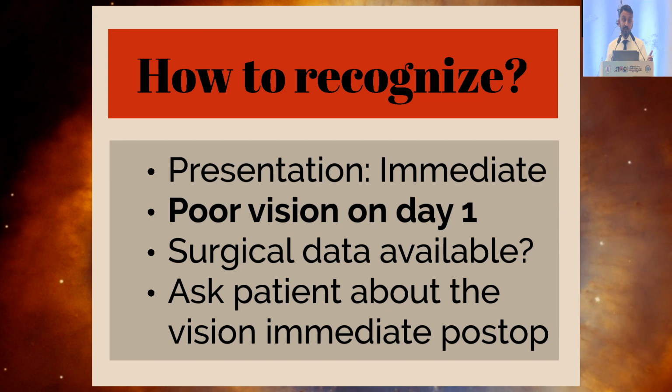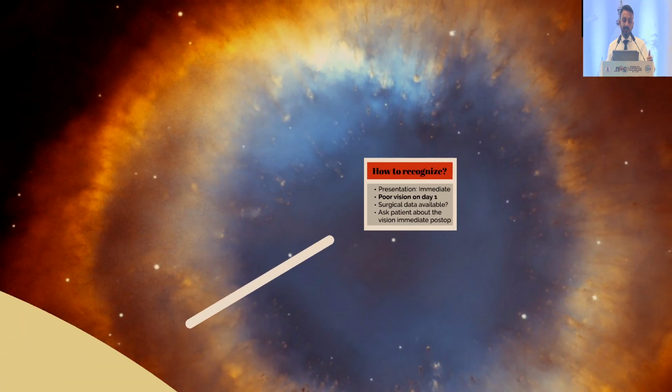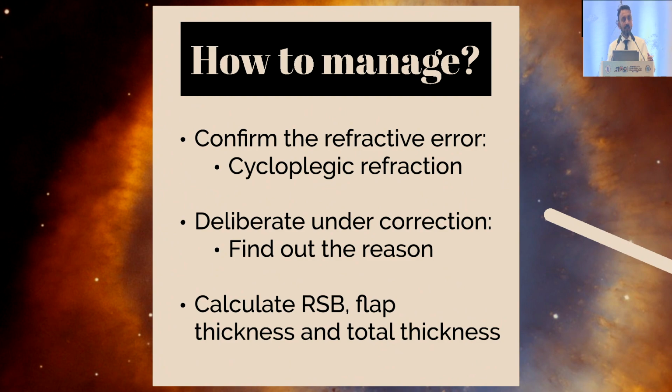Coming to deliberate or non-deliberate undercorrection, typically the presentation is immediate. On the first post-op day, the vision will be poor. Now, if you do not have the surgical data with you, and if it's your own patient, go back and check whether there was a mistake in entry or anything like that. If you do not have data, you can ask the patient how the vision was on day 1, and many times the patient may say that vision was not so great. How do you manage?